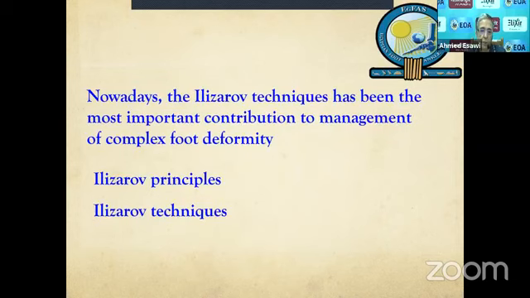Nowadays, the Ilizarov technique has an important contribution in the management of complex foot deformity. So we have to know the principle of Ilizarov, and also the technique of Ilizarov in the treatment of complex foot deformity.